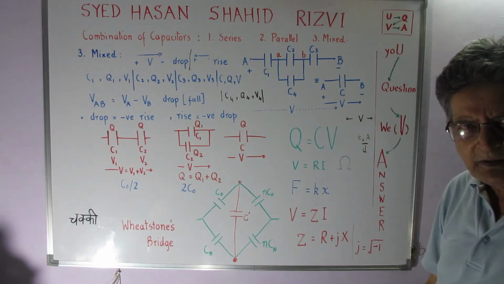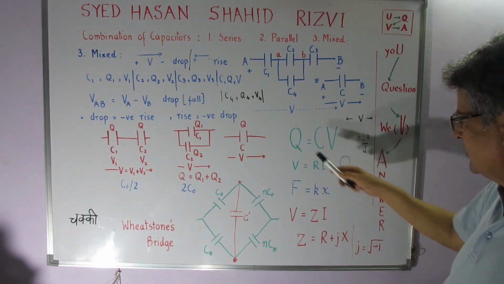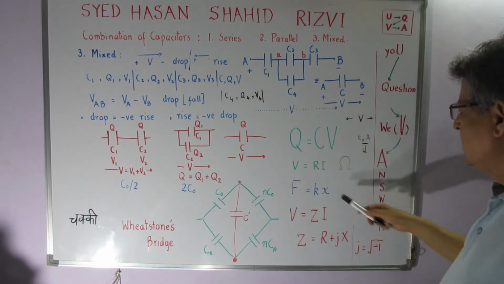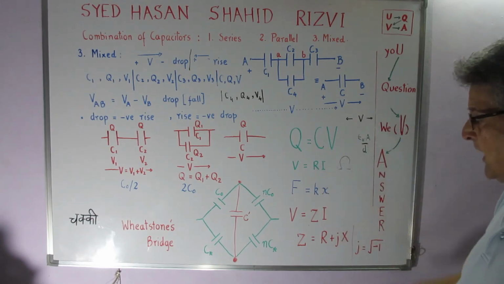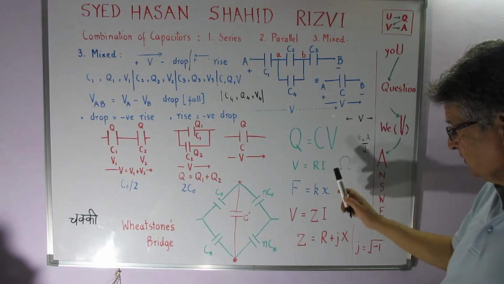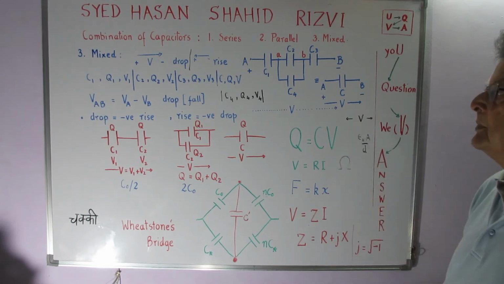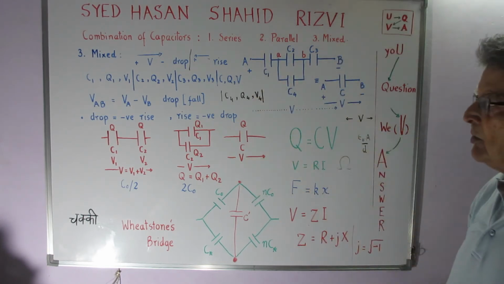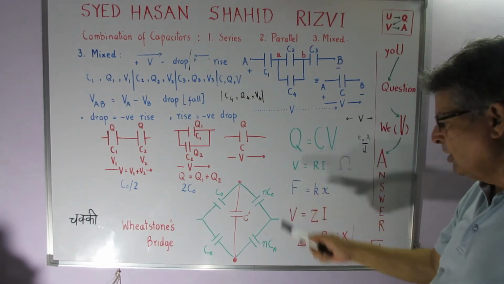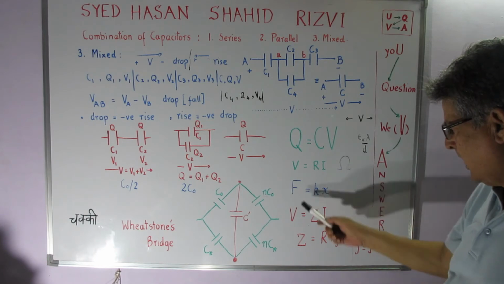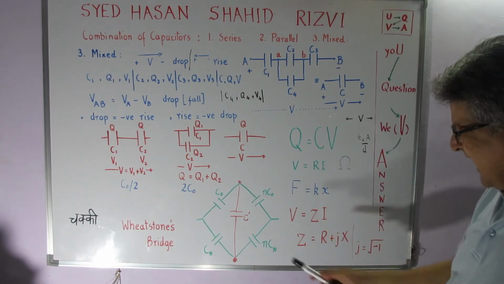I get V is equal to Ri, V, I. Okay, similarly, F is equal to Kx. So this is the case of resistors. We'll talk about the resistor combinations. I have talked to you about the spring combinations. F is equal to Kx.